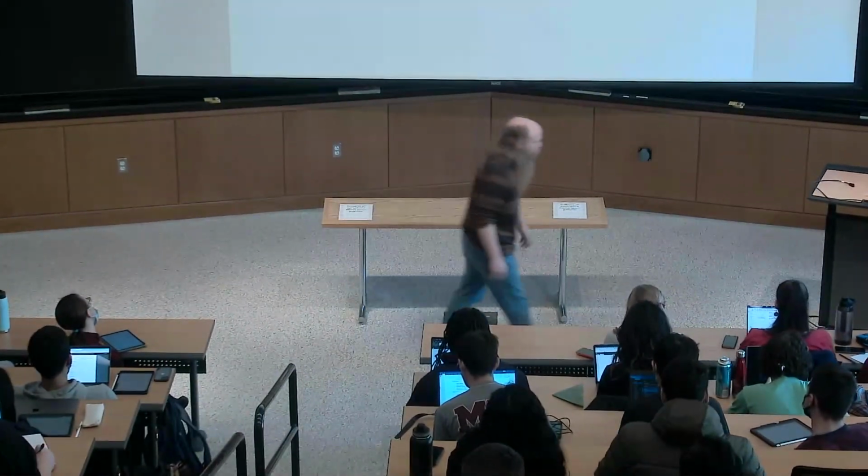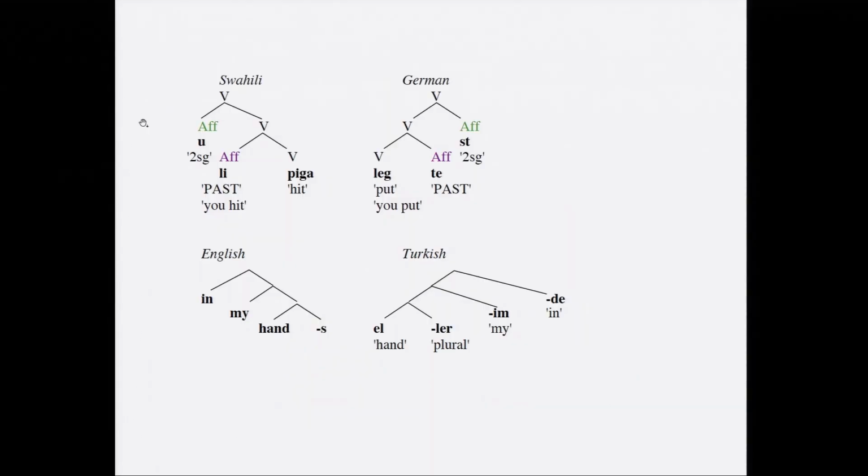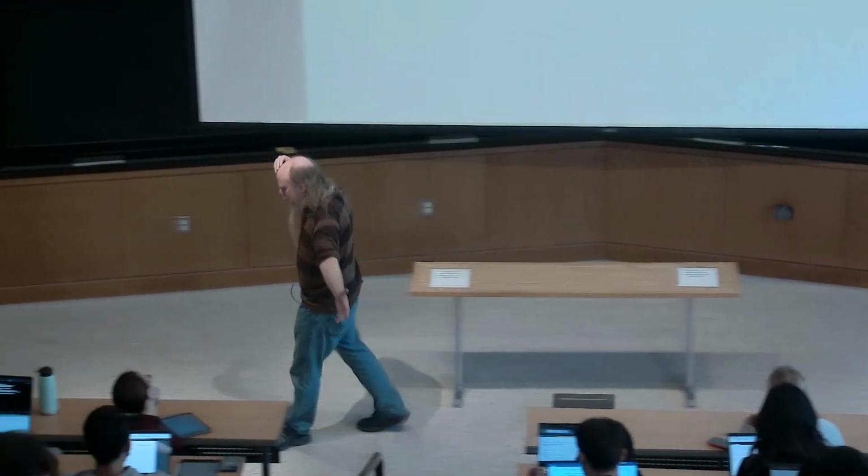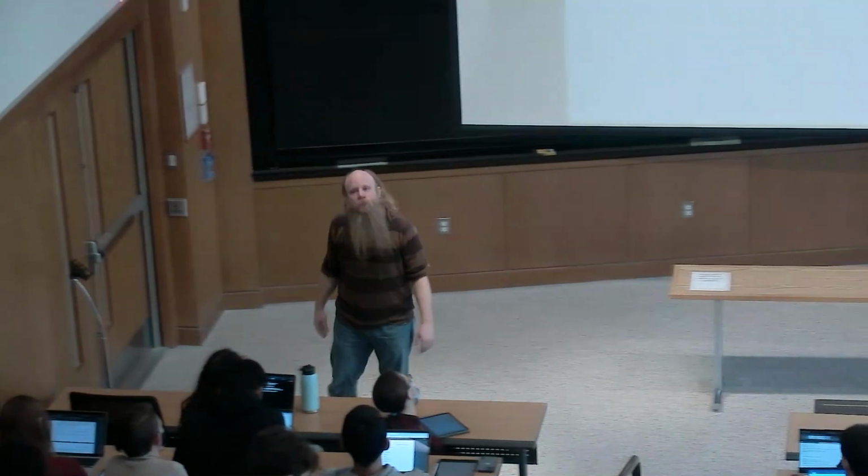Cool. All right. So yeah, this is just me saying again what I said. So what those trees have in common is that if A is higher than B in one tree, the same A is higher than the same B in the corresponding tree, whereby higher we mean higher in the tree, added later in the series of merge operations, right?